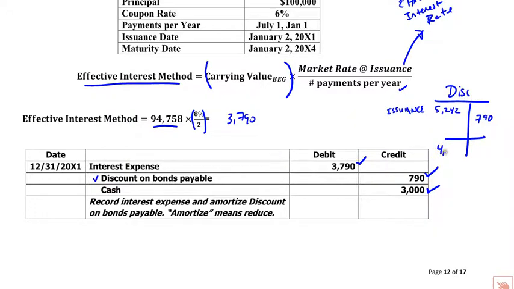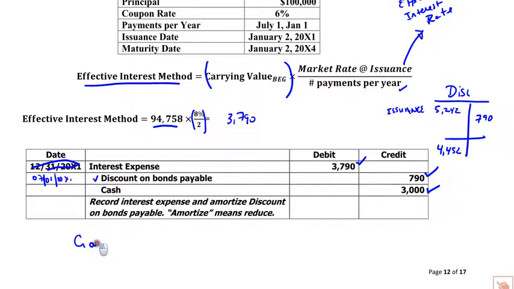So the new balance is $4,452. And if you wanted to, you could have, this is the wrong date. It should be 07/01/20x1. Okay.